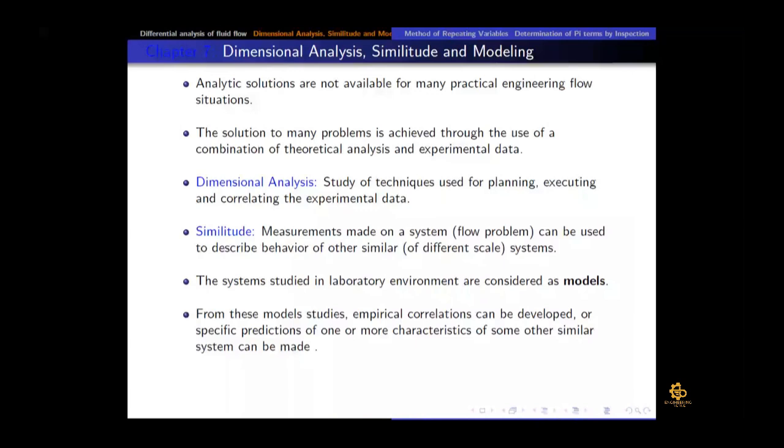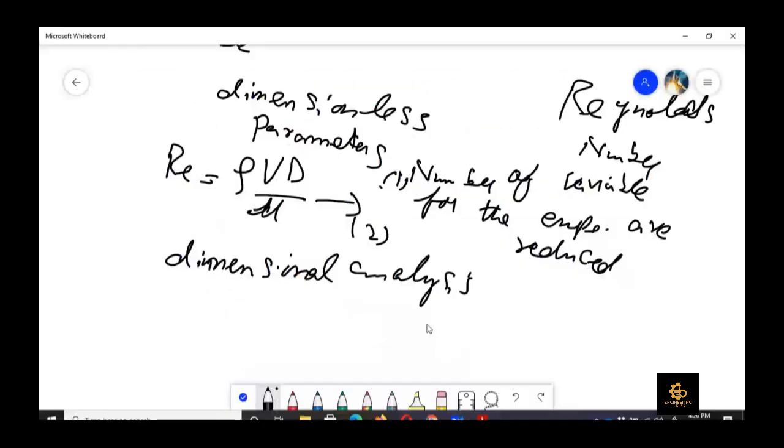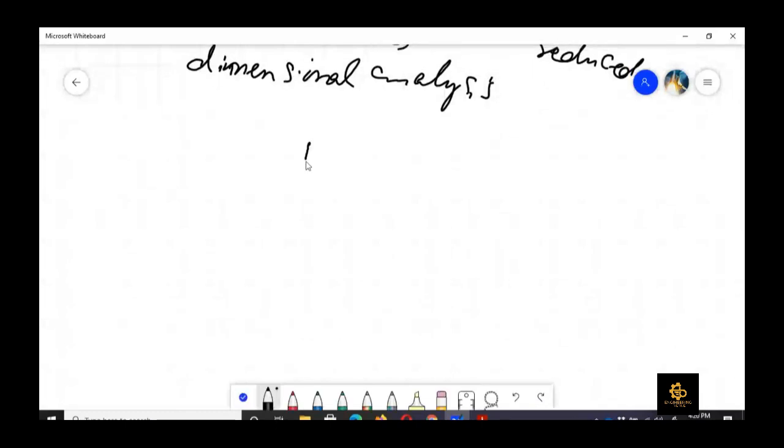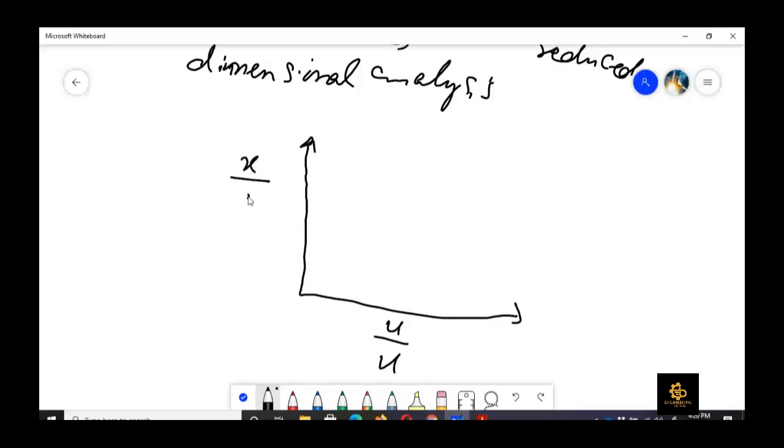Now, why do we conduct experiments? Because we need to find how the dependent variable changes with the change in the independent variable. If we are conducting experiments between two non-dimensional parameters, like u upon U, which is non-dimensional, and the second parameter x upon b, there would be a wealth of data.